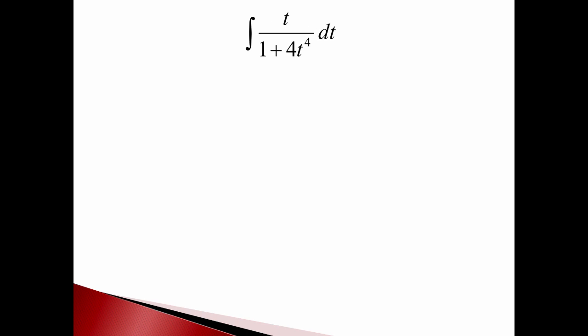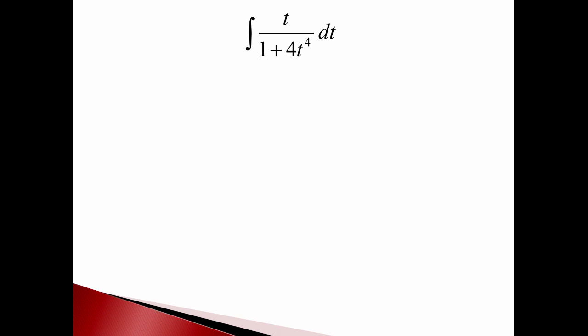Here's another example. Well, what do we do with this, right? This is actually kind of a tricky one, because your first guess is to think that maybe I let that whole denominator be my u. Right? If I let the whole denominator be my u, then maybe I could get a 1 over u, which I can integrate and get a log, and we're good to go. But what's the derivative of all that stuff on the bottom?